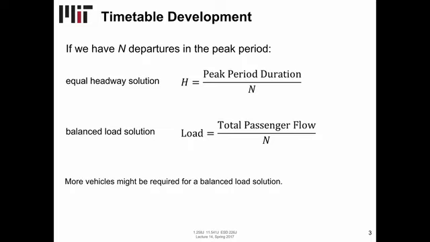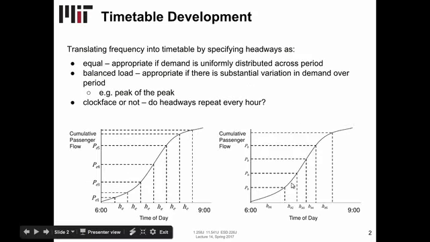And in terms of the balanced load solution, we basically need to first realize what the balanced loads are by dividing the passenger flows by n, and then work out the cumulative passenger arrivals to realize what the timetable arrivals and departures are.